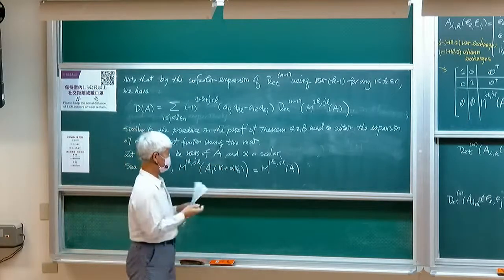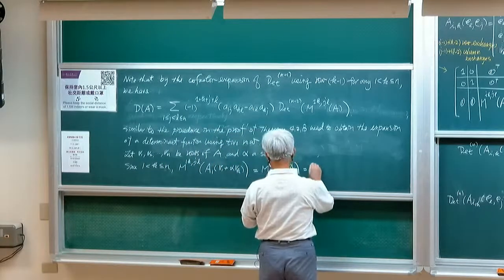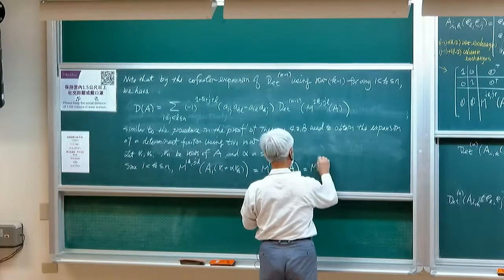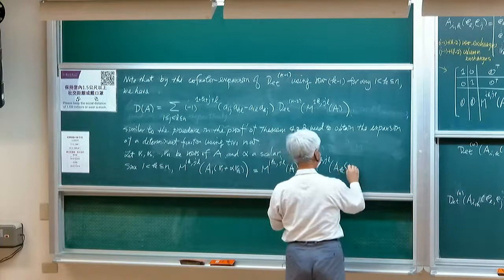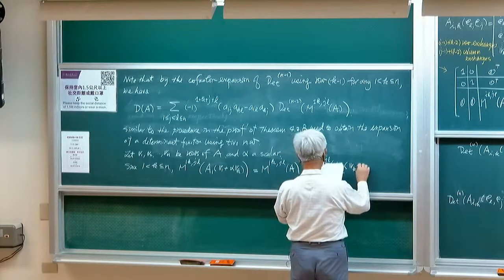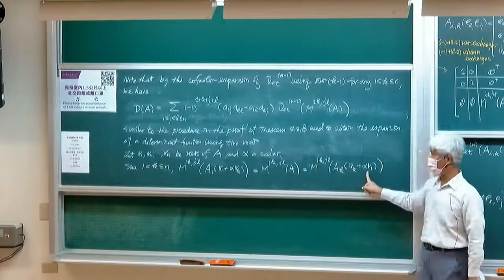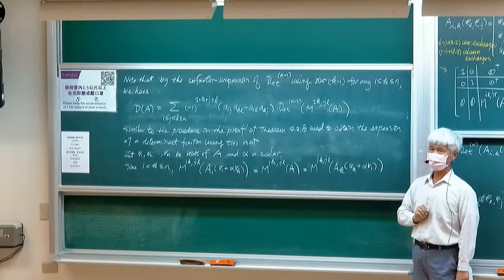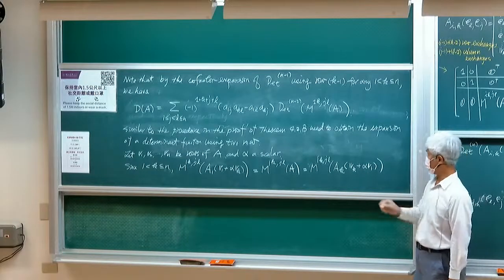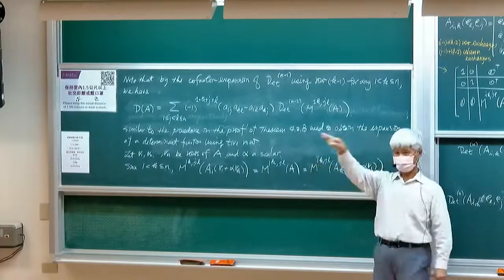And this is the same as if you do the replacement operation by adding a multiple of row 1 to row K. This is because you will remove the first and K-th row.